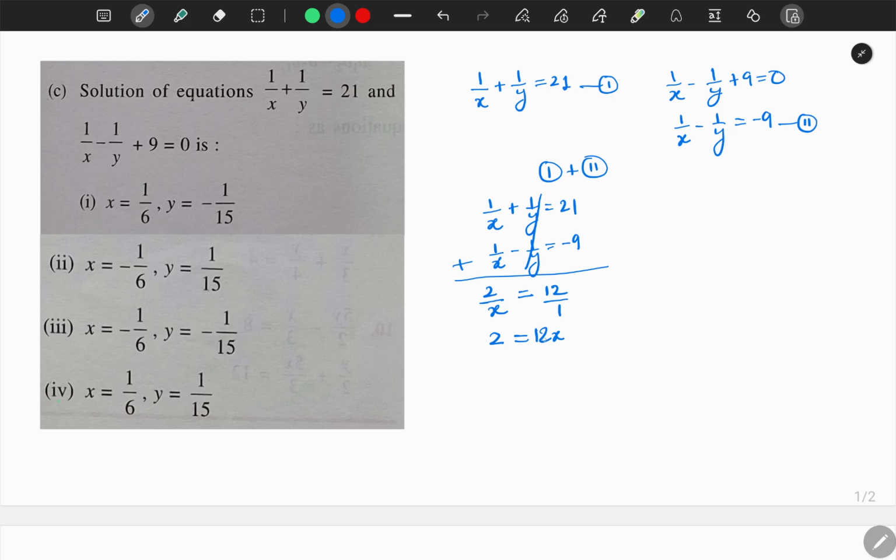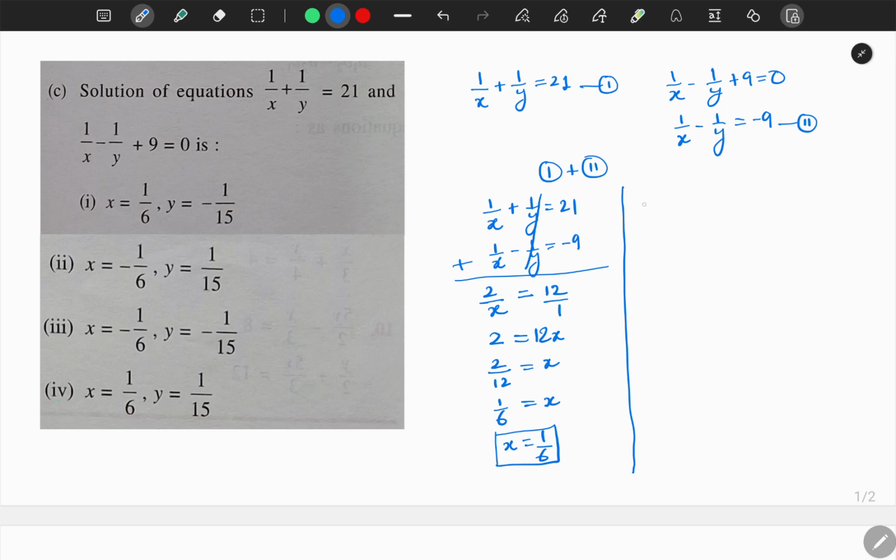This 12 is in multiplication here, goes there in division, so I can say 2 by 12 equals x, and when I cancel this, I'll get 1 by 6 equals x, which can also be written as x equals 1 by 6. Now when I substitute this value of x equals 1 by 6 in any one of the two above equations, that is equation 1 or 2, I get the value of y.